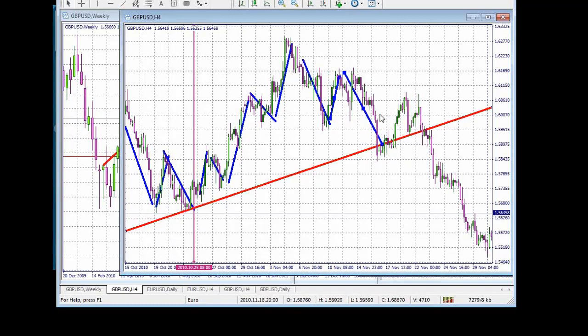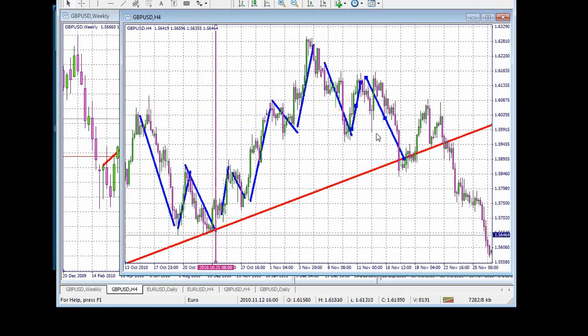So if the currency was not able to break this trend line the third time it was testing, the move continued upside, and maybe in a weaker cycle than this one.